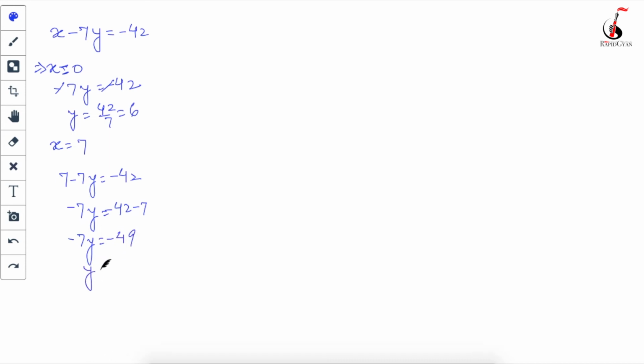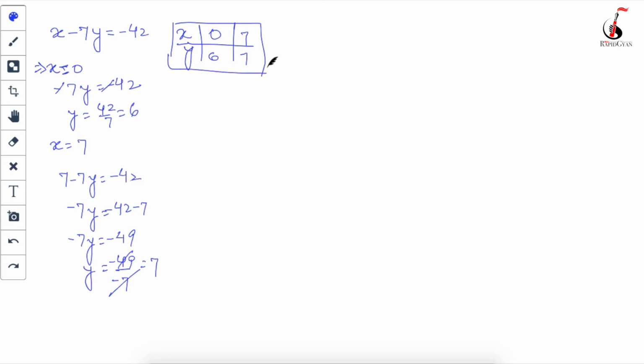So y is equal to minus 49 upon minus 7, which gives me 7. Always represent a box over here. The box for this is x comma y. If x is 0, y is 6. If x is 7, y is also 7.